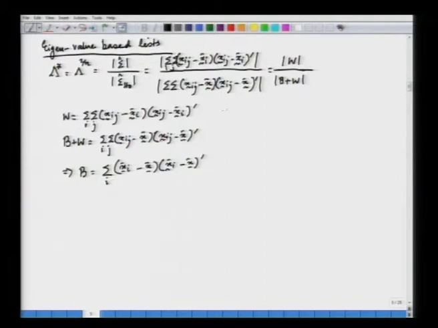Note this W matrix is nothing but, if you think of the situation where p equal to 1, that is you do not have vector valued but scalar valued random variable, then what is this? This W is simply summation Xij minus Xi bar whole square, because p is equal to 1 and we have a scalar value, and in that case it is the within sum of squares, if we recall.